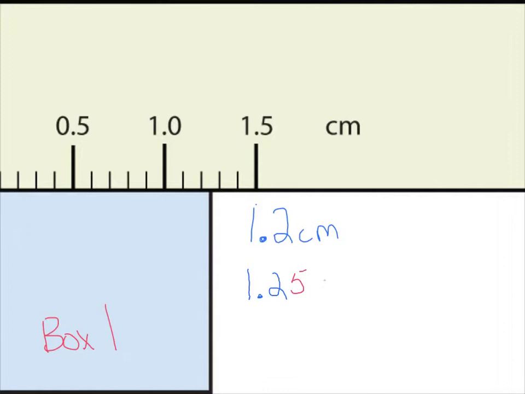Now, if you look at that number, there are 3 digits there, and that's correct. If you are ever asked how many significant figures are in this measurement, there will be 3 significant figures, or sig figs.